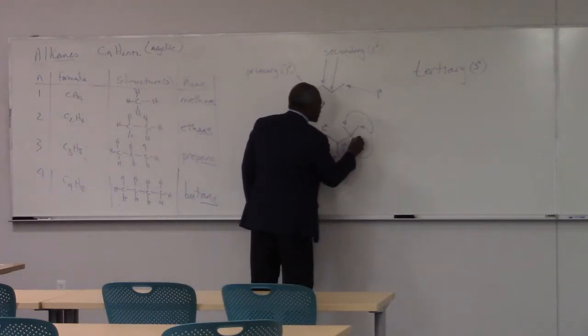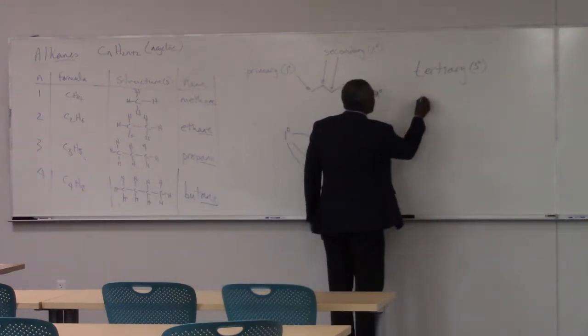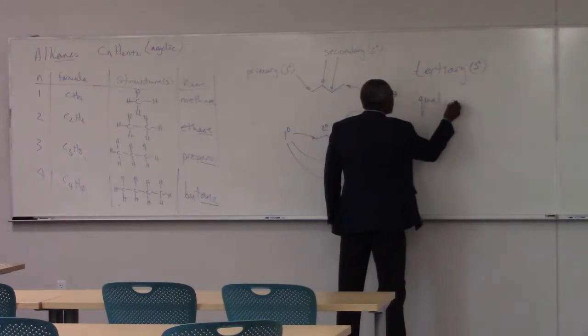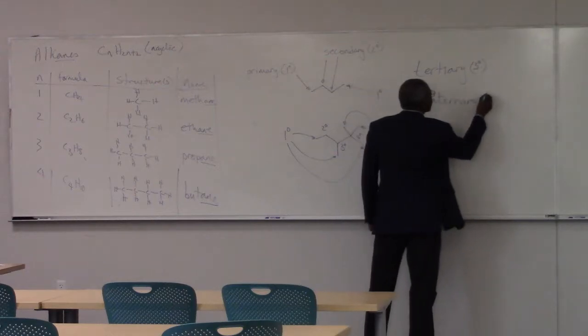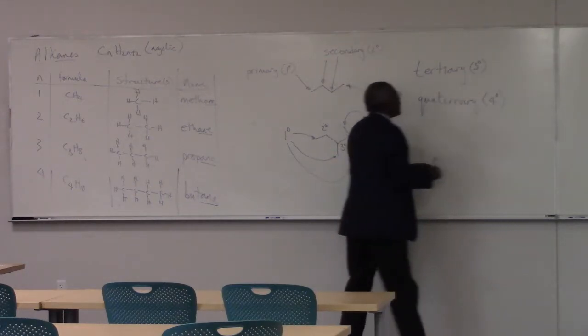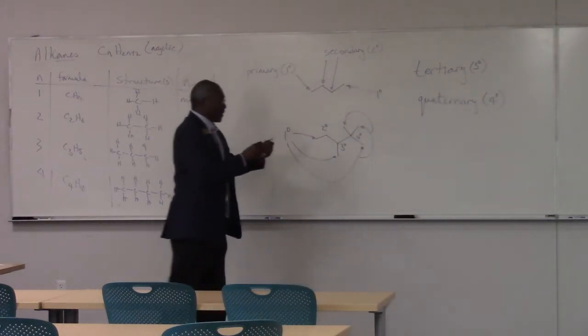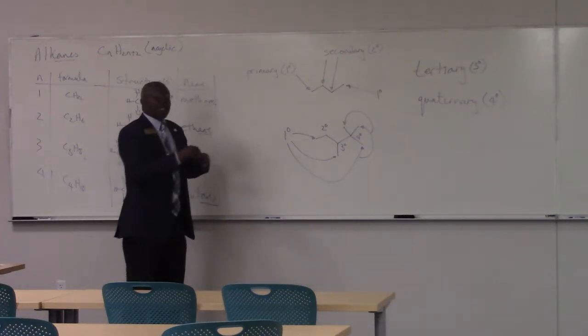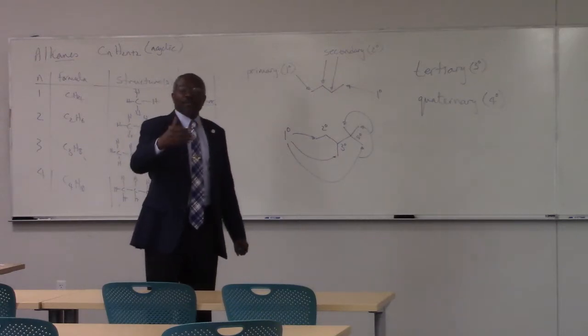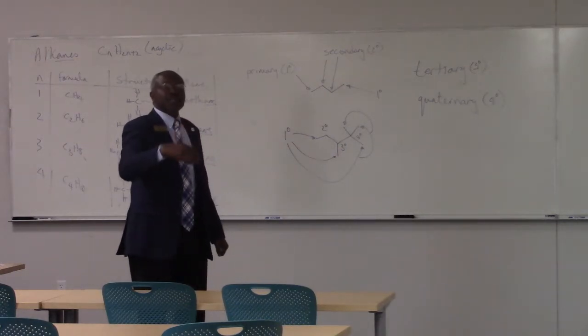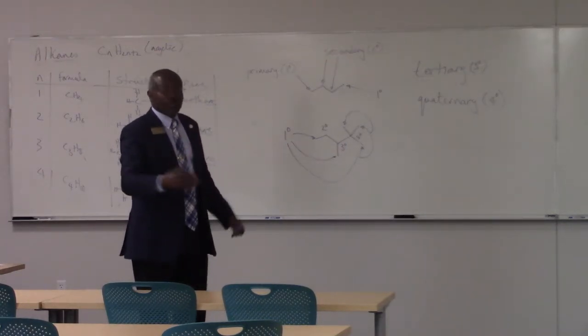So this one is a quaternary carbon. So carbons, as I've drawn them, will fall into 4 classes. There will be primary carbons, secondary carbons, tertiary carbons, and quaternary carbons.